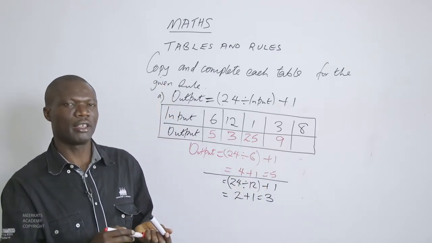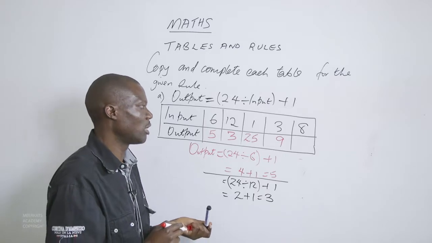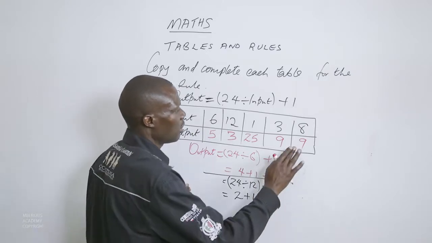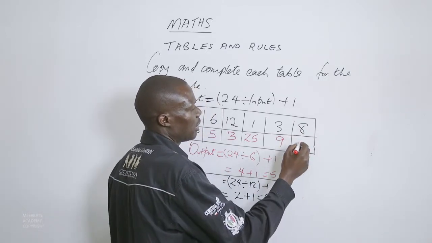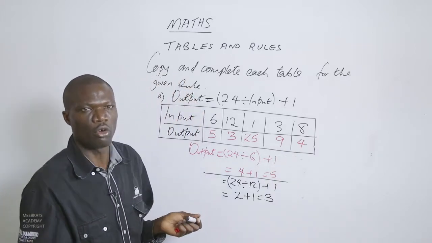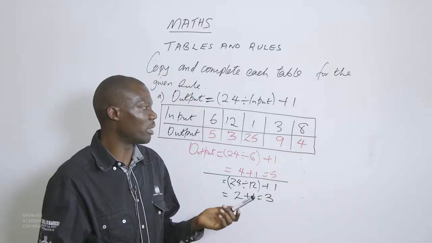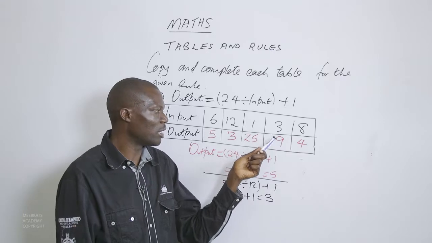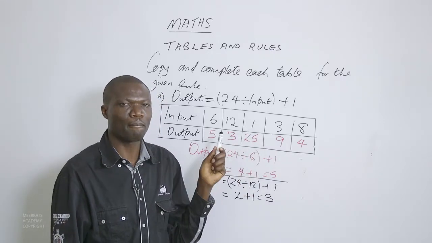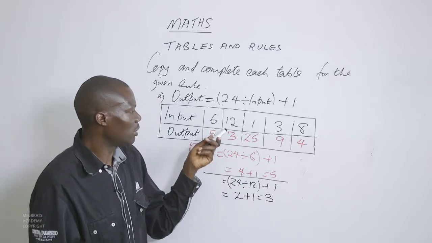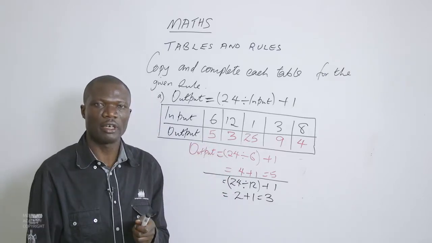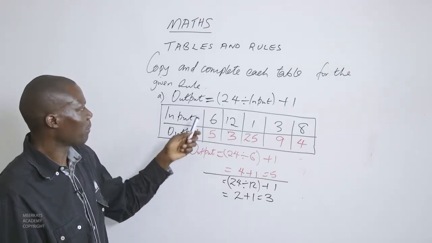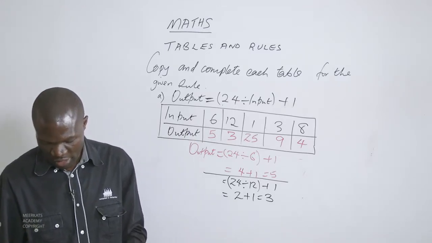And 24 divided by 8 is 3, plus 1 is 4. So the remaining values are 25, 9, and 4 respectively. So we have been able to fill this table by observing the rule that we have above.